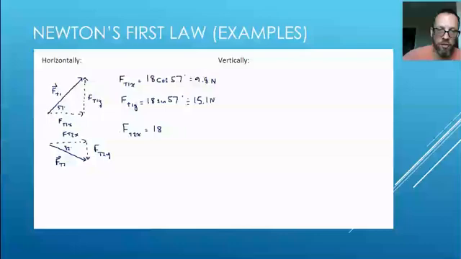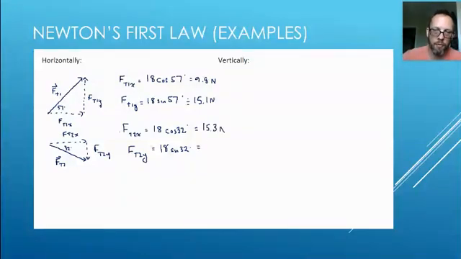But the size of that tension force was also 18, and the x would be cosine 32 here, and Ft2y equals 18 times sine of 32. So we get about 15.3 newtons for 18 cos 32, and 18 sine 32, about 9.5 newtons.